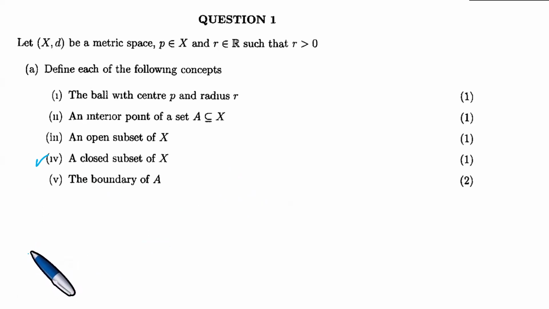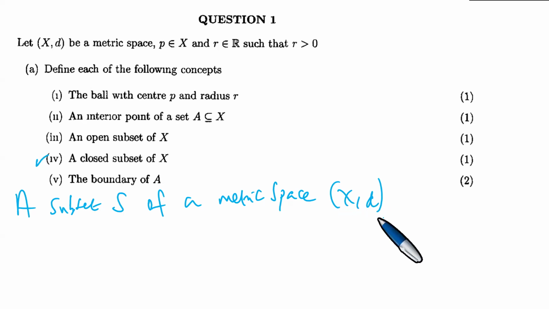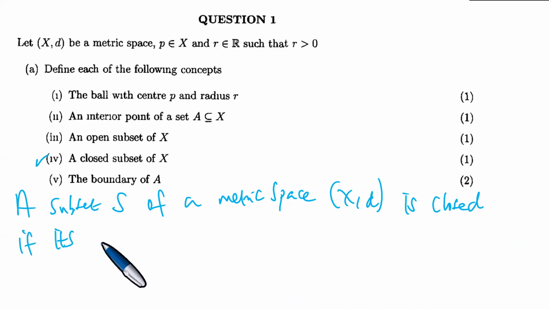So then you would say that a subset S of a metric space (X, d) is closed if its complement is open. This is a definition.